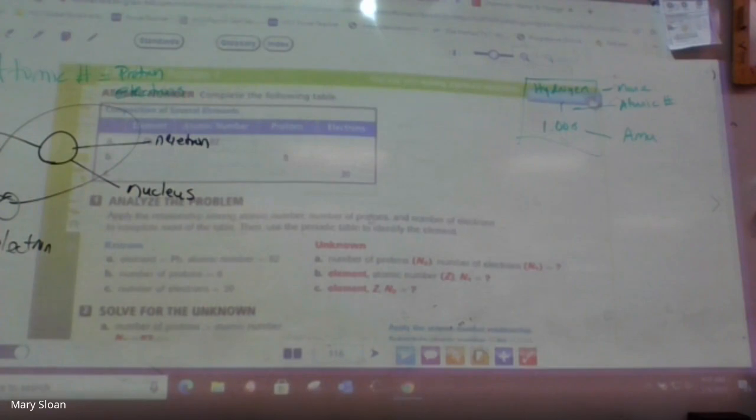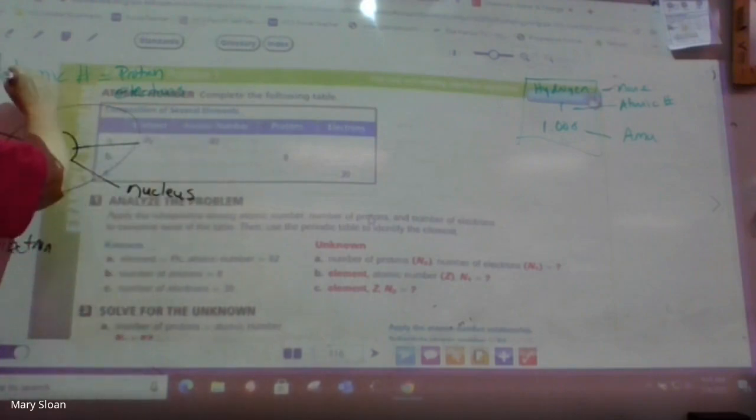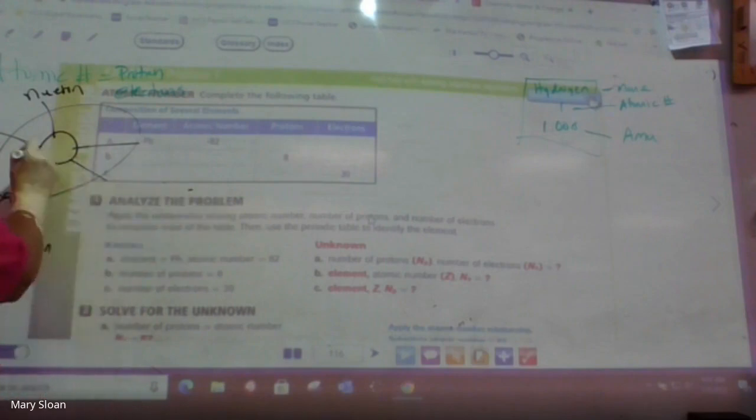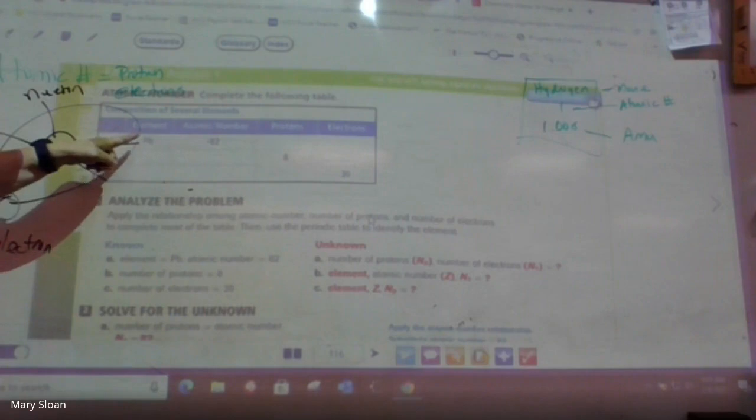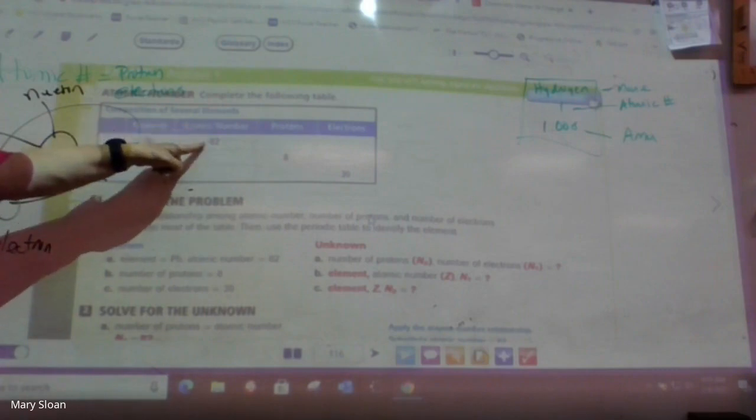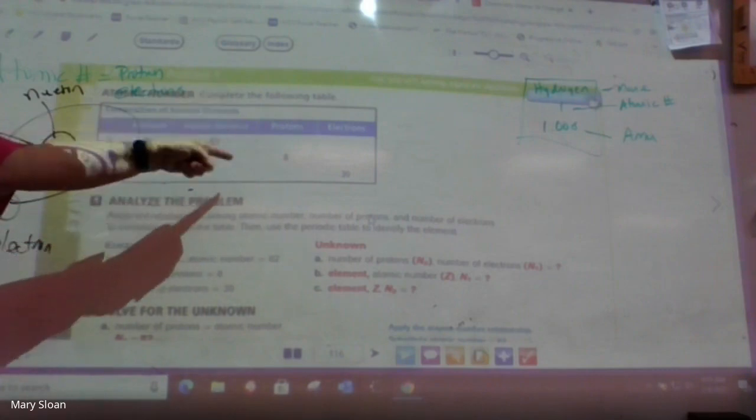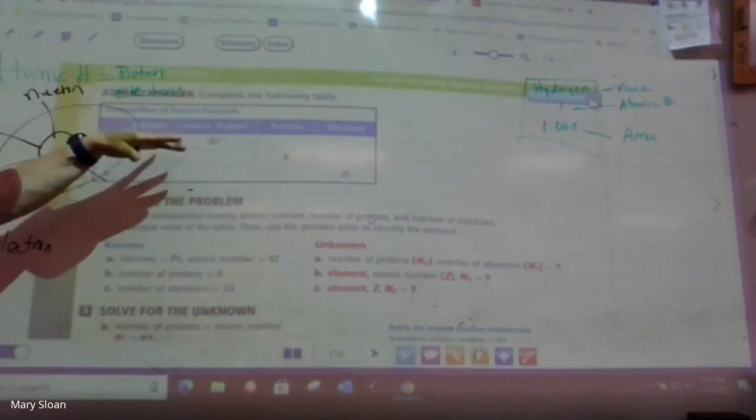If we look at this, it's giving us our element and our atomic number. And then we have to find out protons or electrons or element or atomic number.